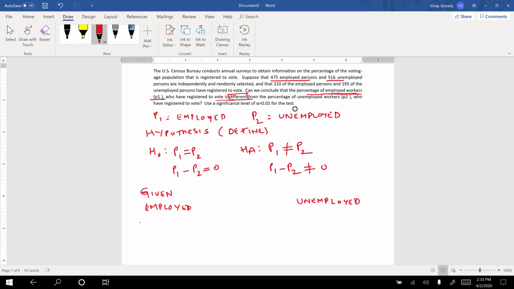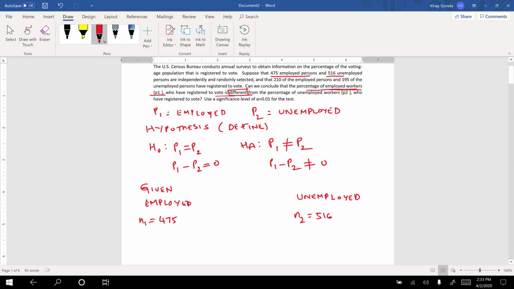So n1 is 475 and n2 is 516, and then 210 of the employed and 195 of the unemployed are registered to vote. So x1 is 210 and x2 is 195, and we are looking at a significance level of 0.01.